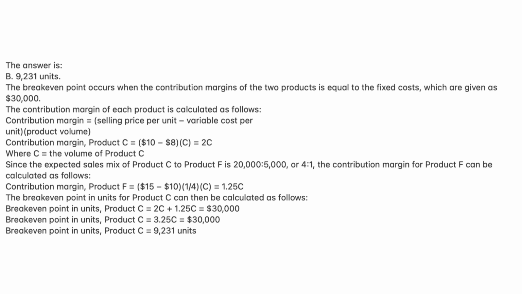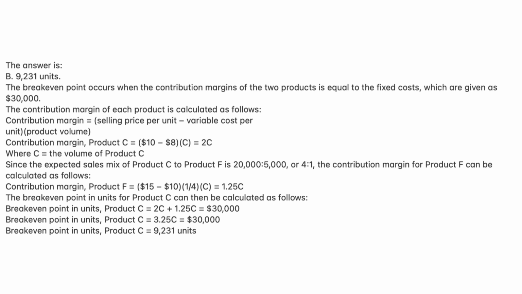Contribution margin, Product C equals $10 minus $8, times C, equals 2C, where C equals the volume of Product C. Since the expected sales mix of Product C to Product F is 20,000:5,000, or 4:1, the contribution margin for Product F can be calculated as follows. Contribution margin, Product F equals $15 minus $10, times 1/4 C, equals 1.25 C.